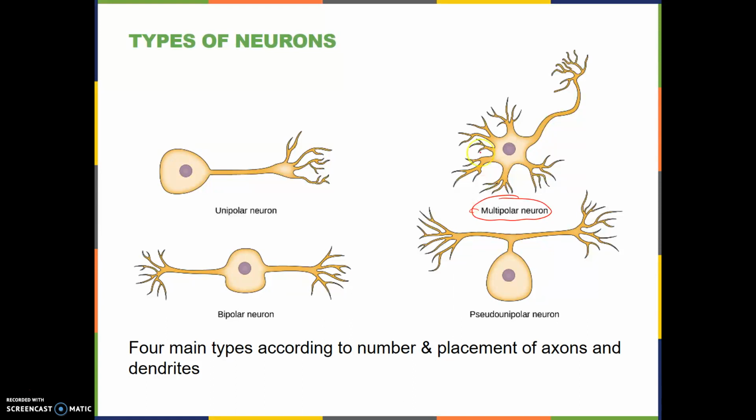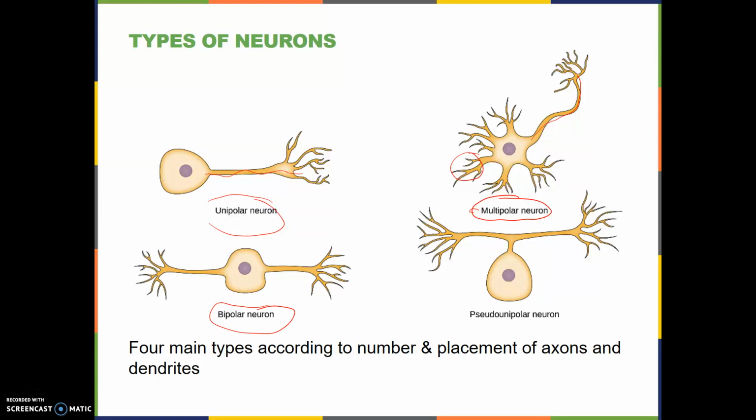A multipolar neuron has a cell body with many dendrites extending from one end, and then a single axon extending from the other end. A unipolar neuron has a single axon, and then a bipolar neuron has, and by the way, bipolar disorder, you hear that so much, bipolar neurons have nothing to do with that.